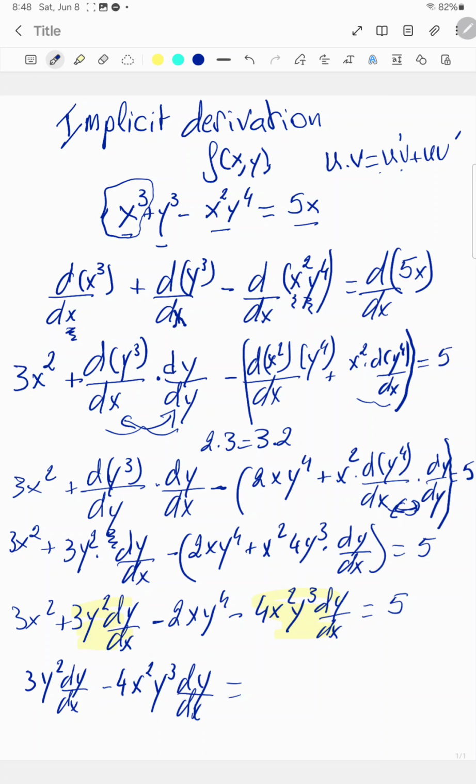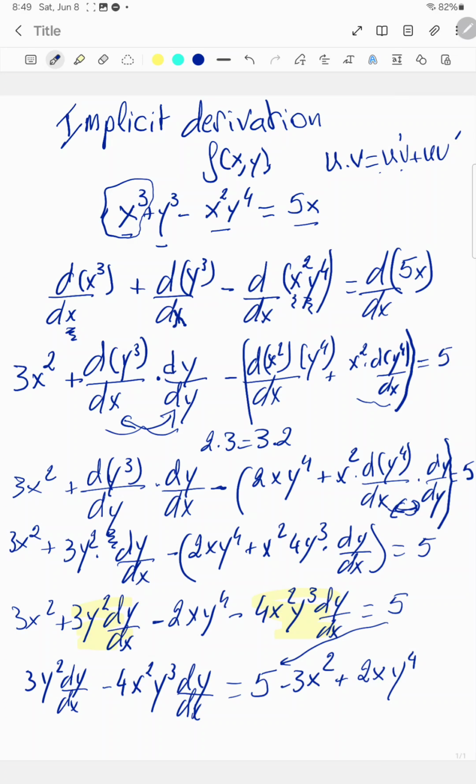On the left hand side I had 3x squared. It will move to the right hand side as minus 3x squared, and that's my 5. It was on the right, I kept it on the right. And minus 2xy to the power of 4 becomes plus 2xy to the power of 4.